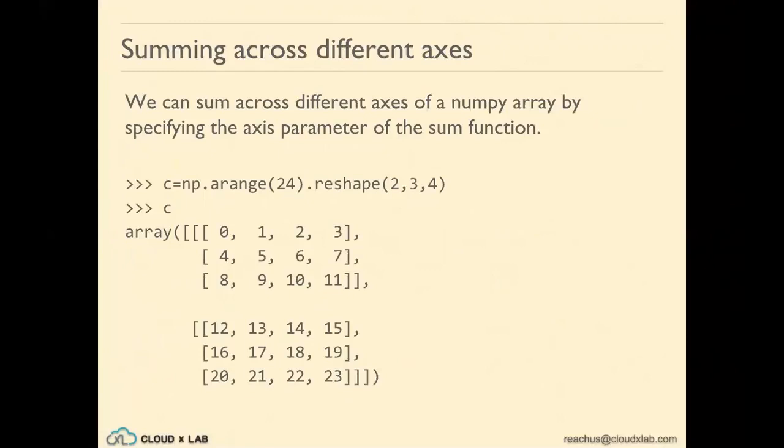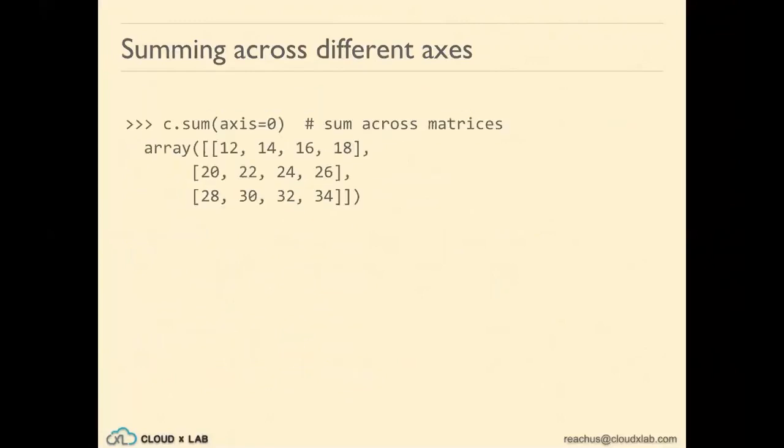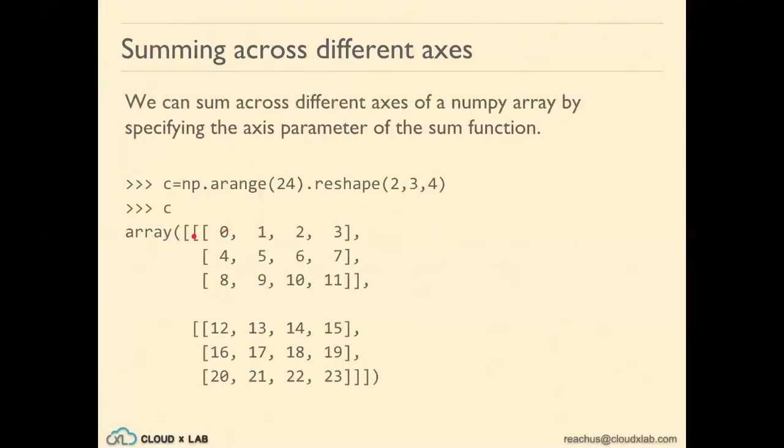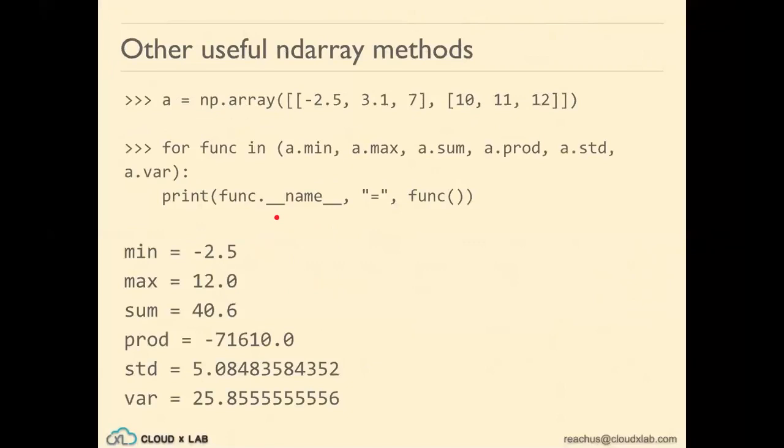We can sum across different axes of a NumPy array by specifying the axis parameter of the sum function. For example, if you want to sum on a particular axis, we can do it this way. Here we are saying find the sum across axis 0. This is a three-dimensional array, 2 by 3 by 4, so it's computing the sum along the 0th axis.